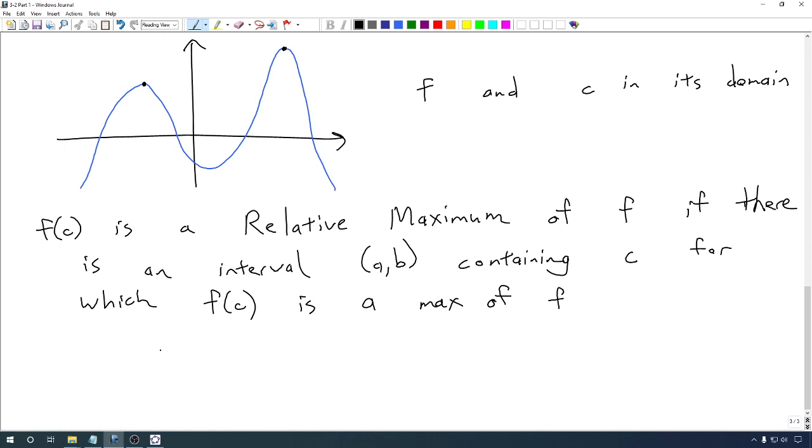In other words, we're saying that f of c is greater than or equal to f of x for all x in that open interval.